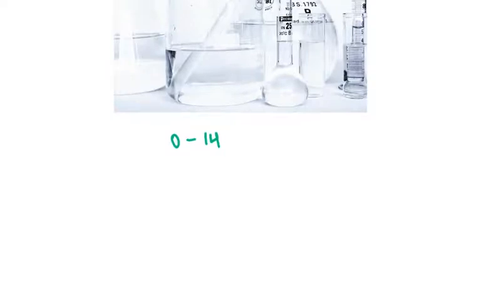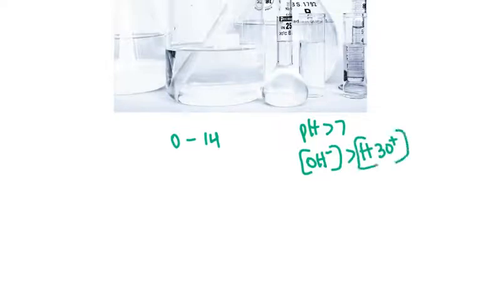If the pH is above 7, we know that we have more hydroxyl concentration than we do hydronium concentration, or also we can write H plus concentration.